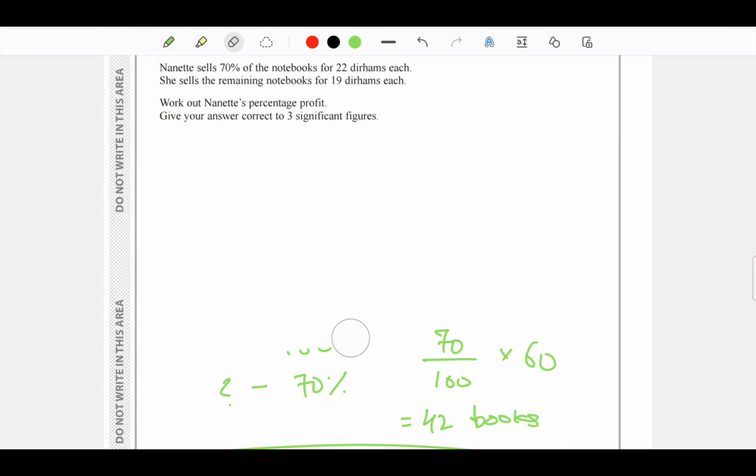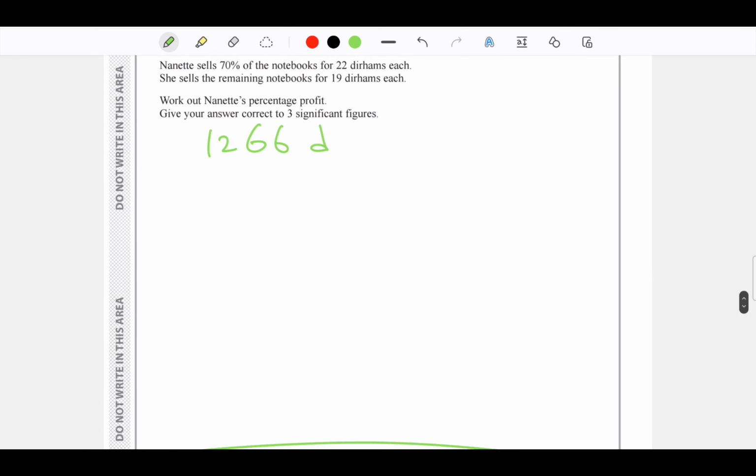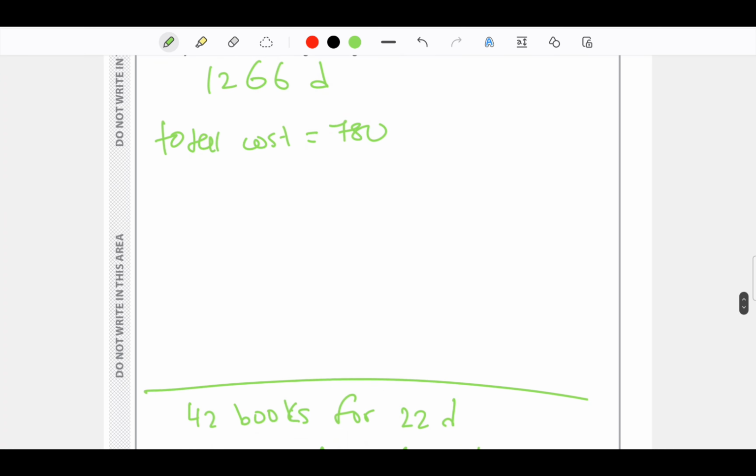Alright, so what I'm going to do now is clear up some of the top so that we have some empty space to do our work. We know that she made 1266 dirhams and her total cost was 780. So that means 780 dirhams equals 100%.